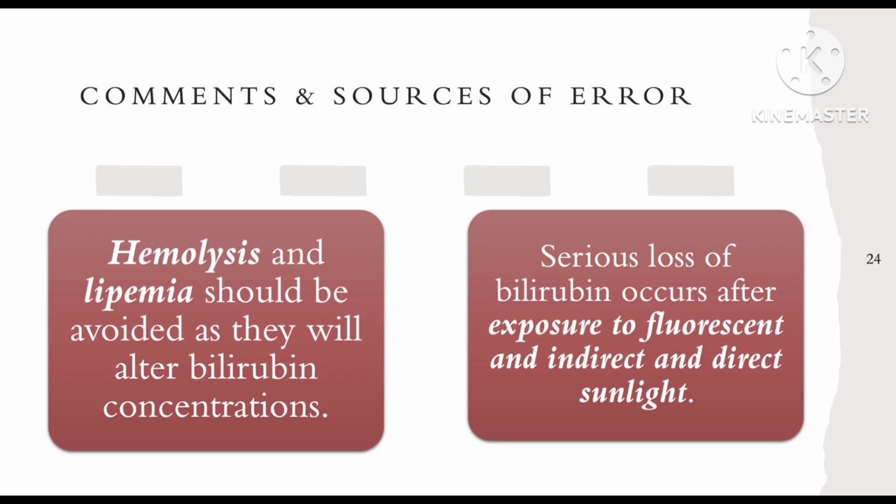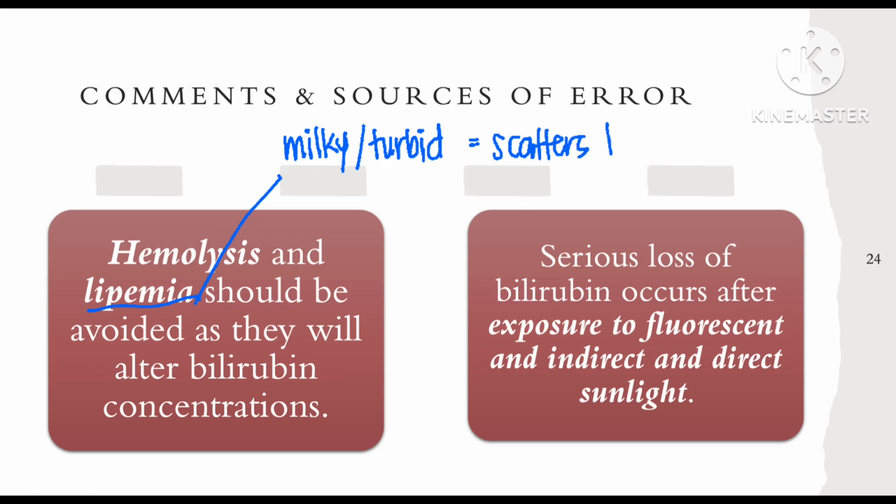How about lipemia? What do lipemic samples do? Remember that lipemia gives the serum a milky or turbid appearance due to high concentrations of triglyceride-rich lipoproteins. In doing so, turbidity scatters light, which affects absorbance readings in colorimetric or spectrophotometric assays.